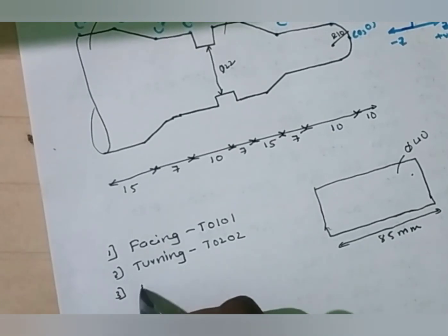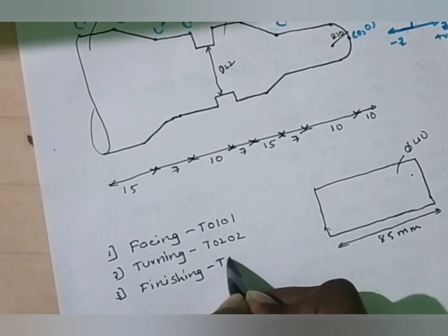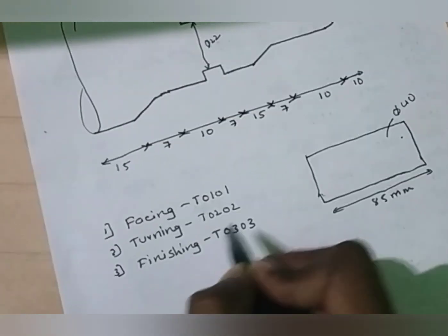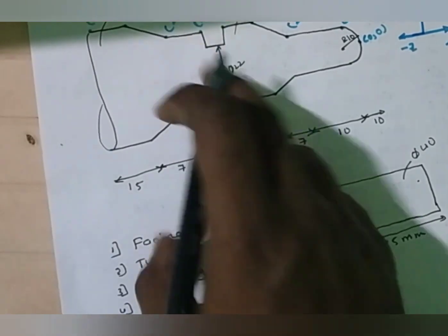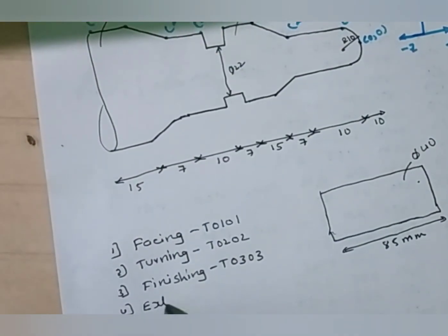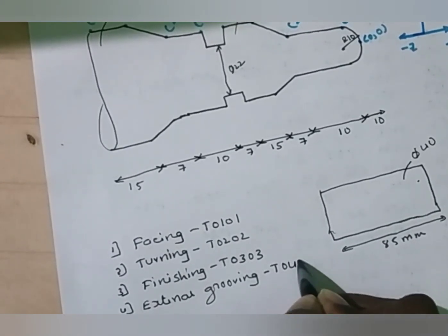After turning we have to do finishing. For finishing we have to use the T0303 tool. After finishing we have to do the grooving, because the groove is given, that is external grooving. For that we are going to use the T0404 tool.